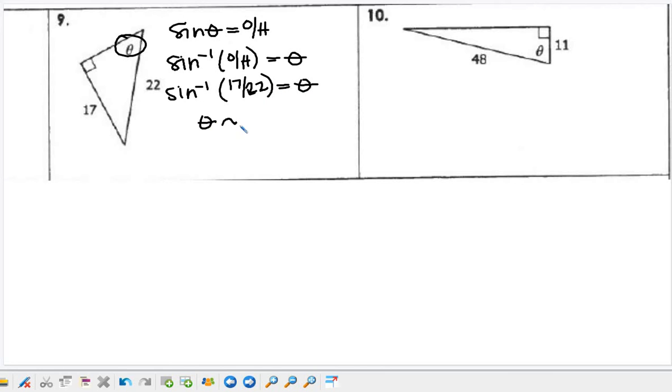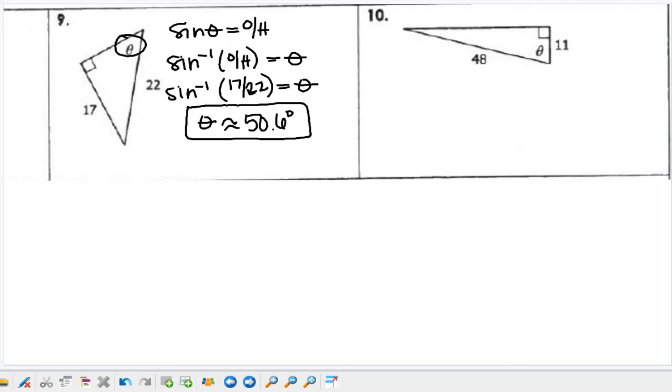So theta is approximately equal to, so again, we're going to do second sine, 17 divided by 22, and you get approximately 50.6 degrees. Now don't be lazy with your notation. It is approximately. It's a silly reason to lose points, so don't be lazy.